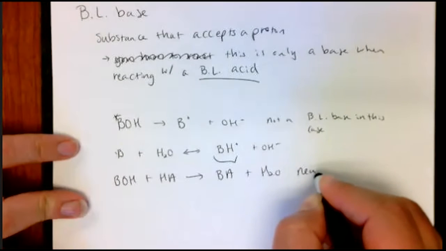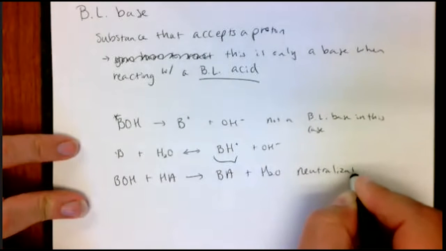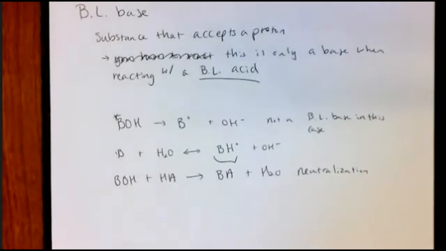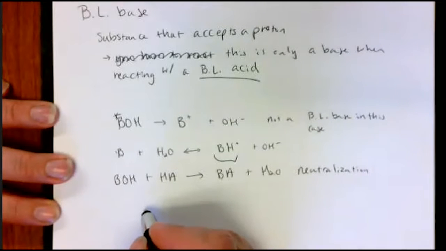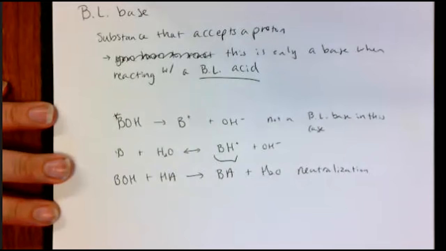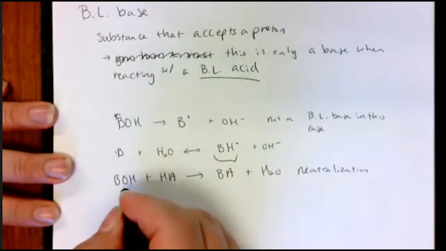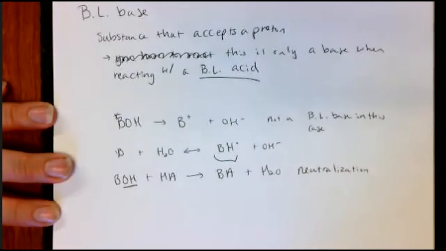And again, this is our neutralization. Why would that one be a Bronsted-Lowry base? Because the hydroxide portion of this is our base, and it's accepting a proton. Okay.